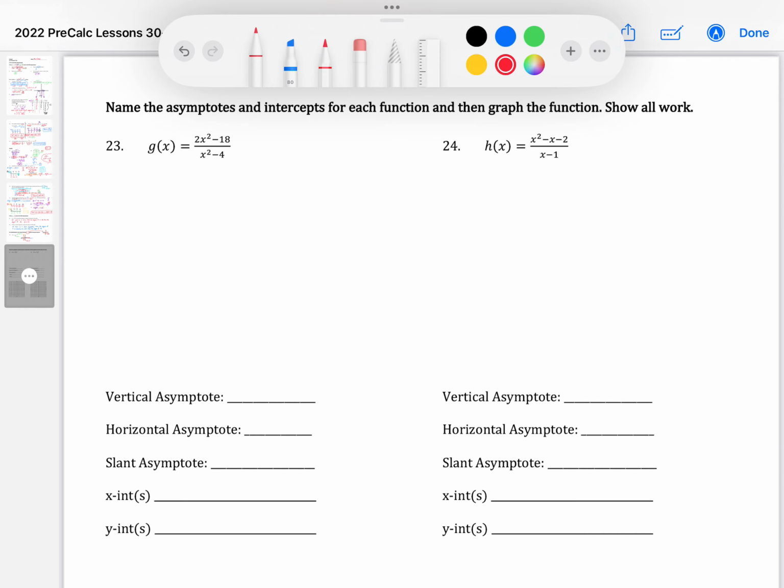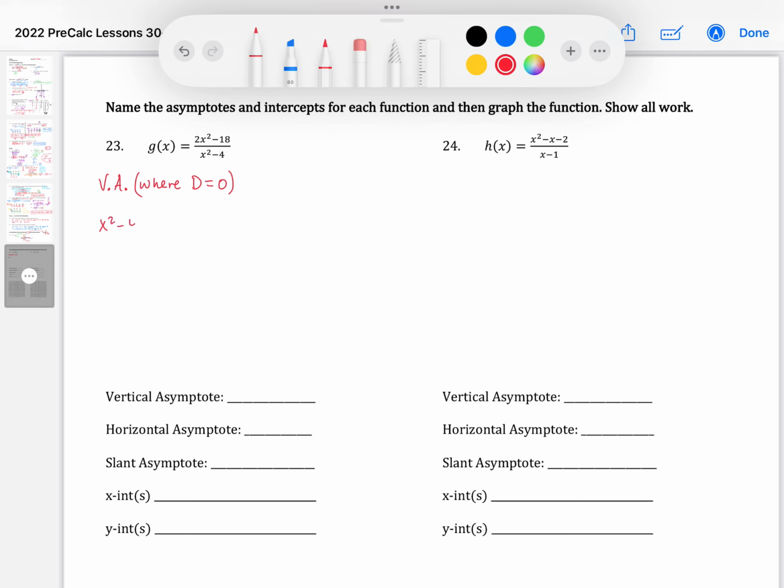All right, 23, the first thing that I'm going to do is just start finding things. So your vertical asymptote is usually what we found first if you look in your notes. And remember, you can get a vertical asymptote where the denominator is equal to 0.